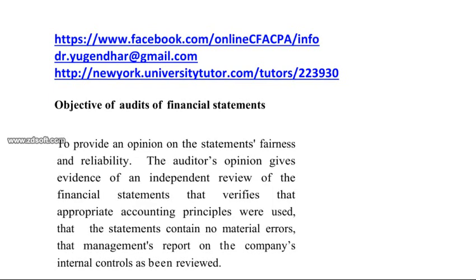The auditor examines the financial statements and the books of accounts, and finally gives his opinion, his review.